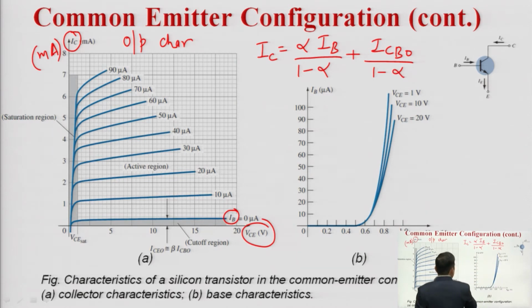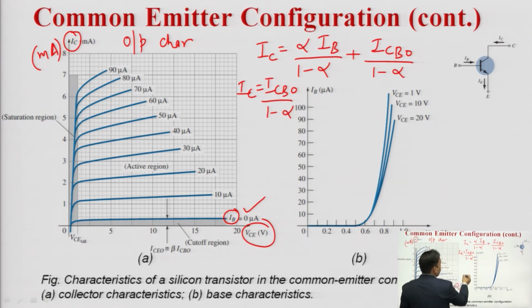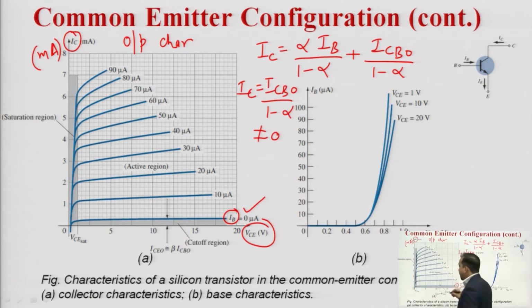So, if IB equals 0 and we have assumed that alpha is close to 1, we will have IC equals ICBO by 1 minus alpha, which means this current is not equal to 0; IC will have some finite value.